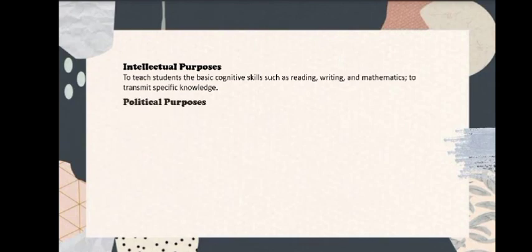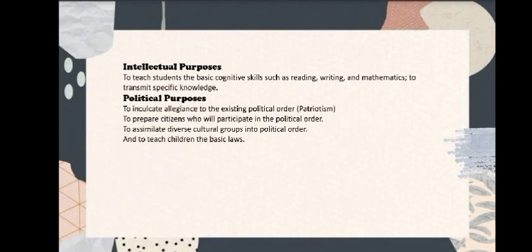And for the political purposes, to inculcate allegiance to the existing political order or patriotism, to prepare citizens who will participate in the political order, to assimilate diverse cultural groups into the political order, and to teach children the basic laws.